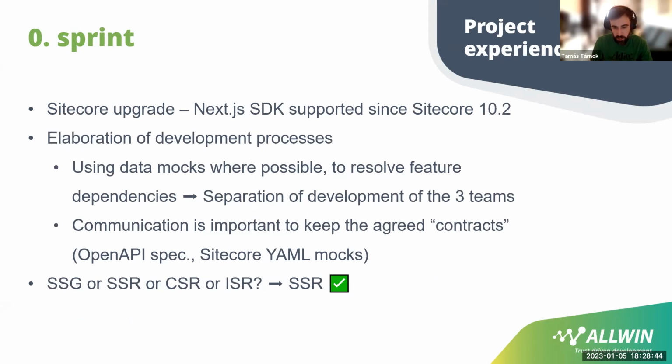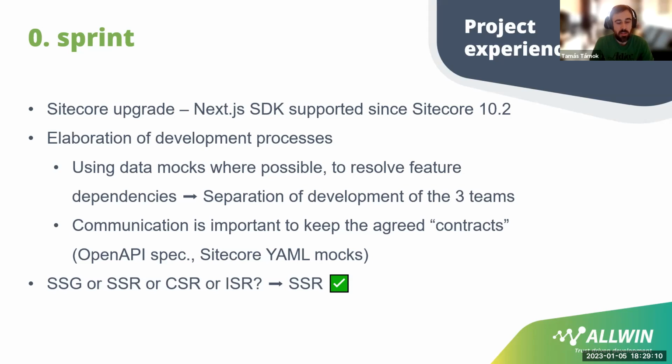It was easy because they were already using Kubernetes and Docker for local development. So we basically just had to update the solution, there were no real breaking changes, and also update the images.